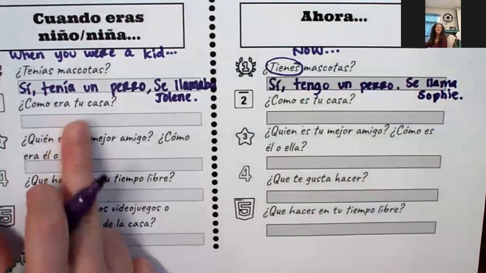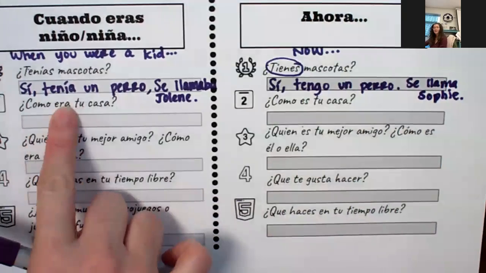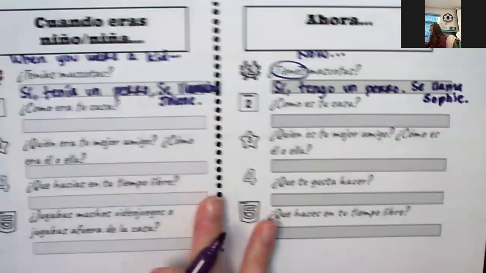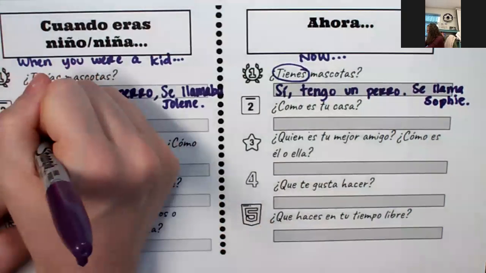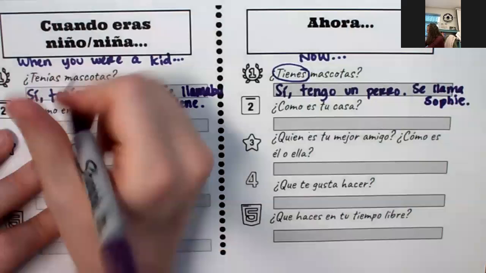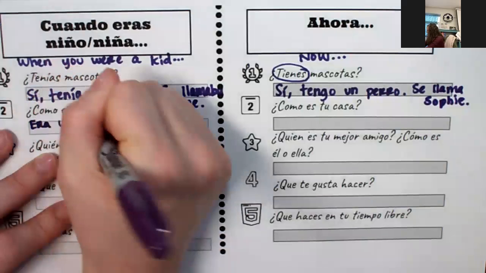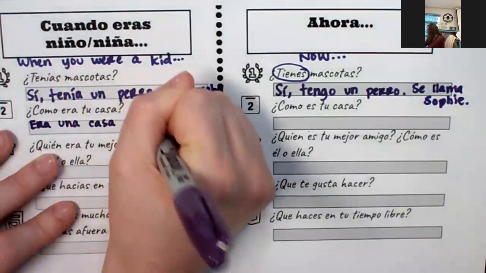¿Cómo era tu casa? What was your house like? So I might say, era una casa vieja. It was an old house.